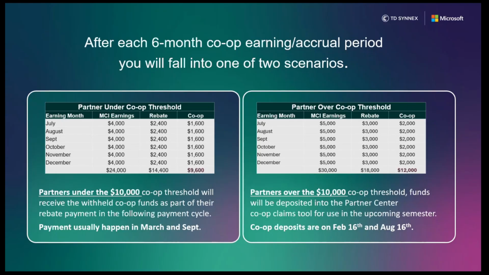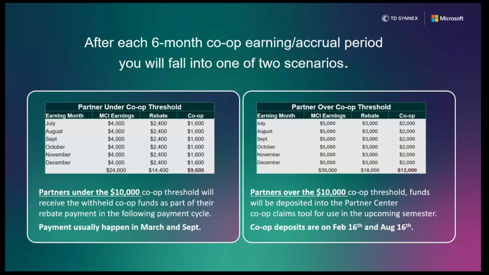Versus things that are monthly paid. So in this example, they have $12,000 of total co-op earnings. They are over that 10K threshold. So the key dates to know is February 16th and August 16th. Those are the dates when co-op gets deposited. So twice a year, every 6 months of earnings.